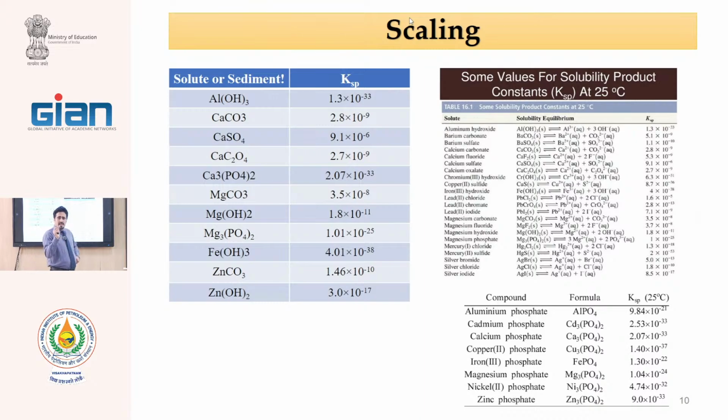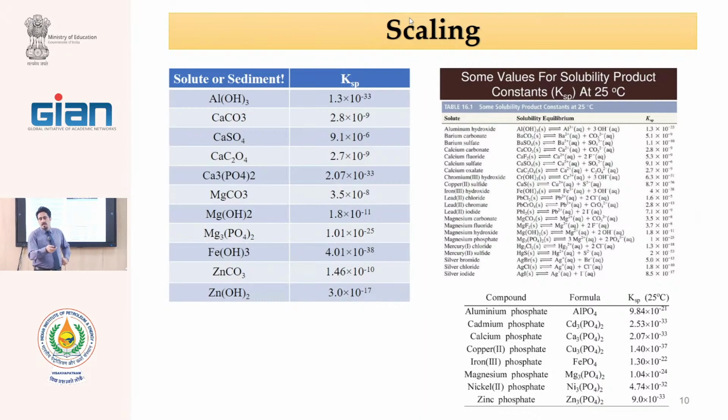Therefore, even with a very low amount of aluminium, or phosphate, zinc hydroxide, or iron, the Ksp is very small. These components can increase the scaling possibility. Therefore, if we have low amounts of zinc, aluminium, or lead, we must first remove them from the RO feed.